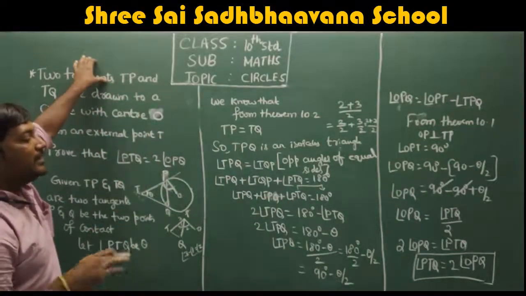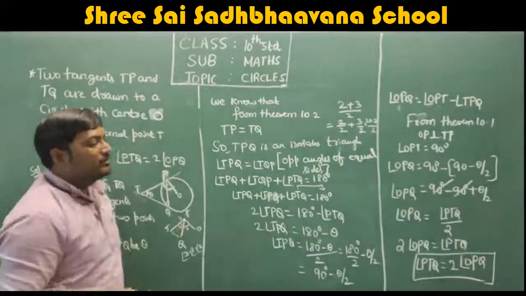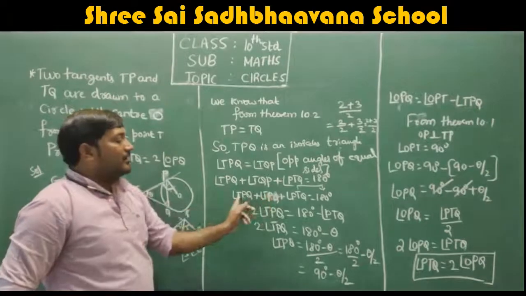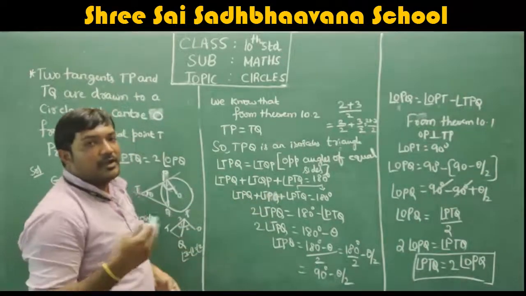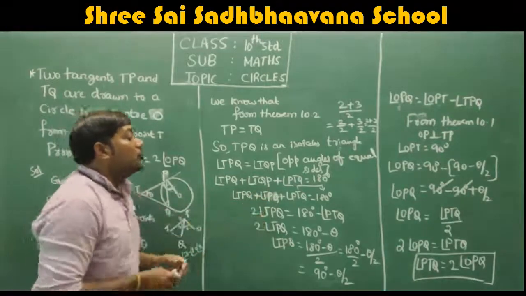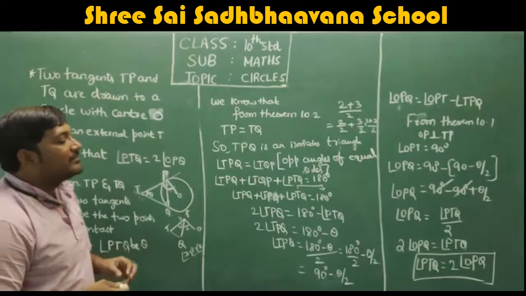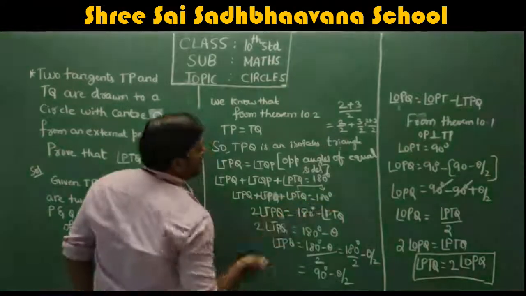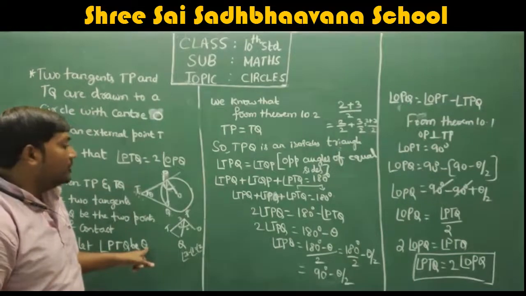Correct. So TPQ plus TPQ plus PTQ is equal to 180 degrees. Now add these two. For example, if you add A plus A, you can write 2A. Similarly, TPQ plus TPQ is 2 times TPQ, which is equal to 180 minus, I am sending it to the RHS, 180 minus PTQ. And what is angle PTQ? We assumed it as theta.